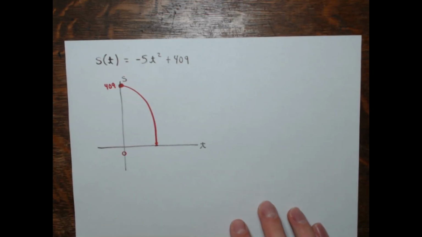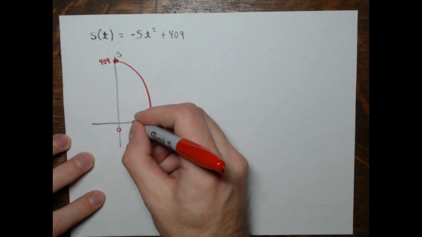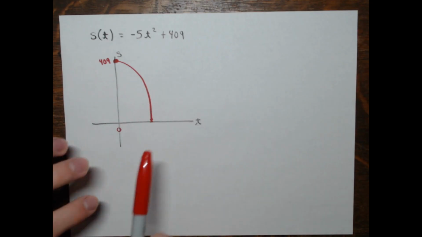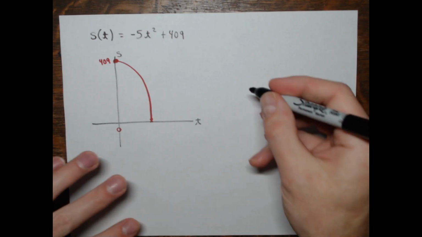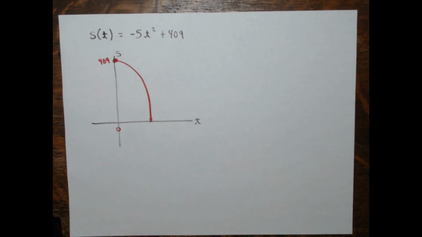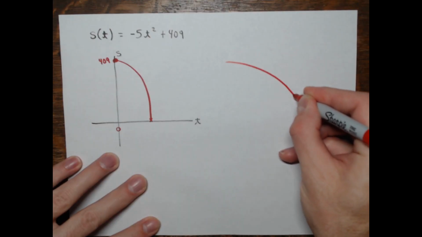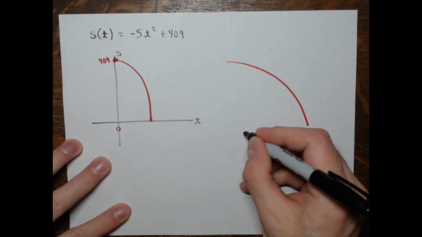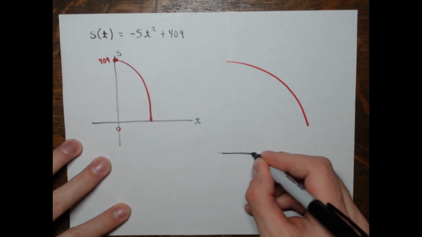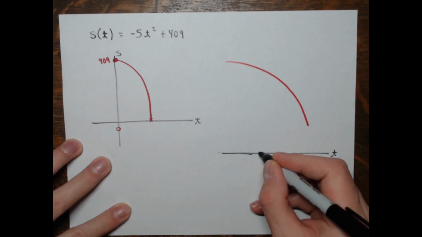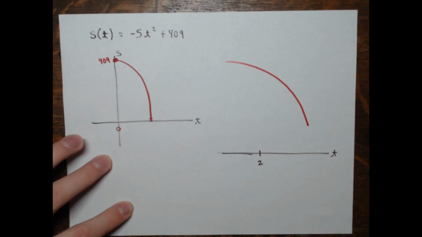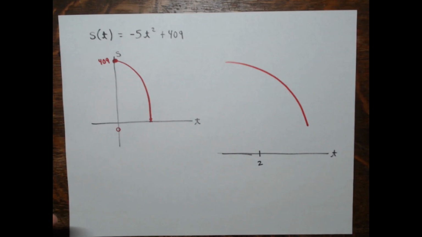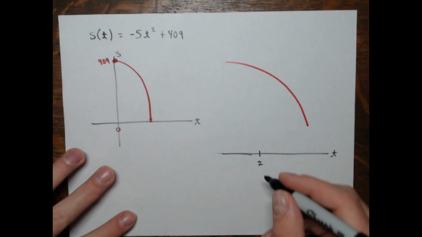So if I were to plug in 2, maybe I'll make this a little bigger. So we got this parabola, and it's falling. Say this is the t-axis right down here, and I'm going to plug in 2, because they asked about the instantaneous velocity at 2 seconds.